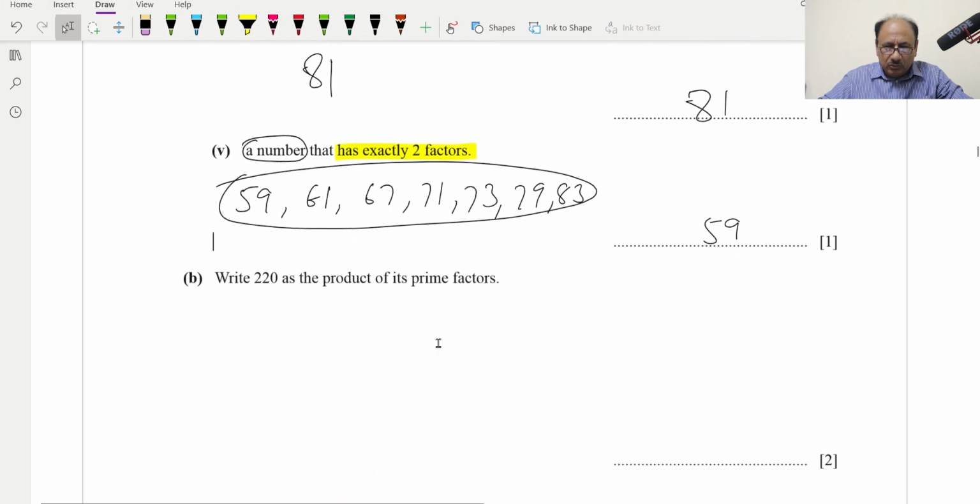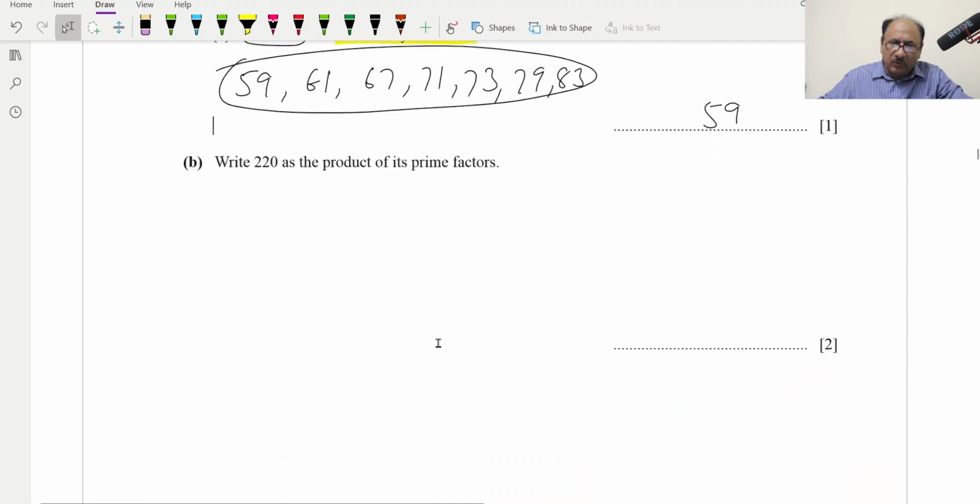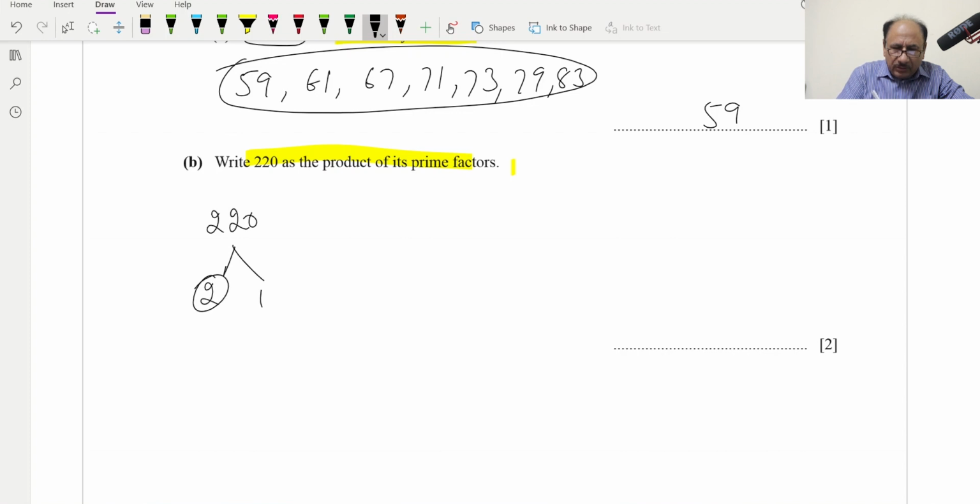Now write 220 as the product of prime numbers. This is 220, and I will apply prime factorization, and this will be 110. Then 110 divided by 2 will be how much? This will be 55.